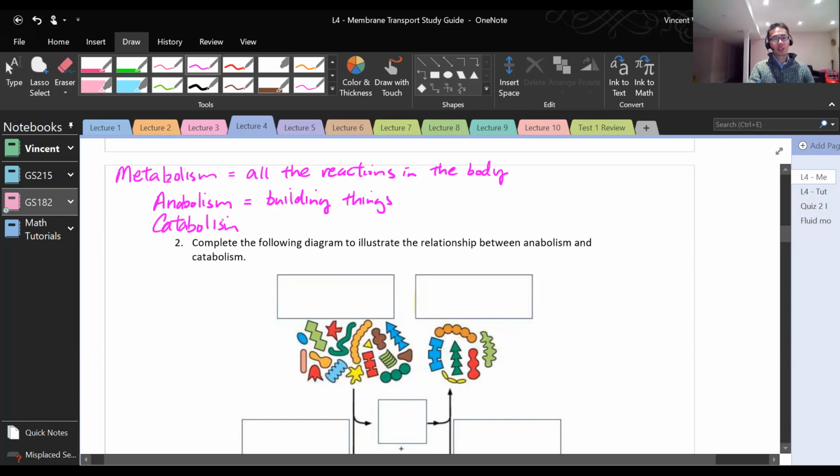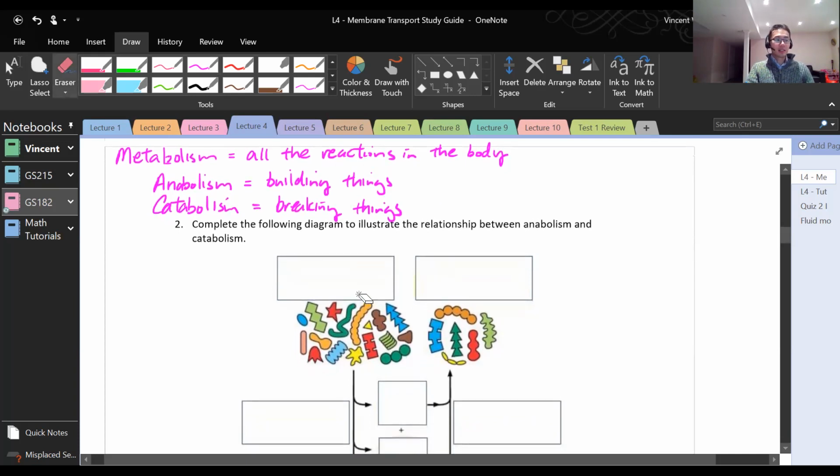The root word is derived from the same meaning as catastrophe. In a catastrophe, everything breaks down, right? So catabolism is breaking things. These are the two types of metabolism.